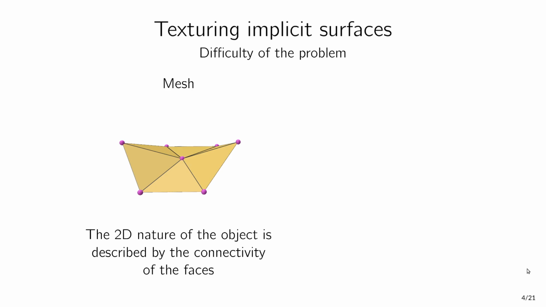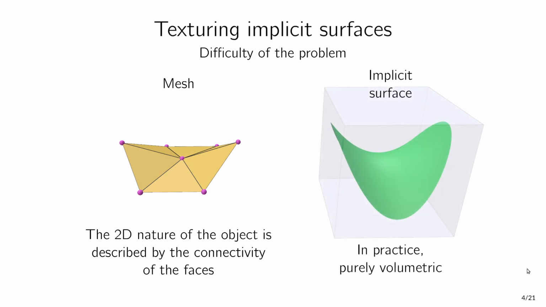And this 2D nature is described by its connectivity, the connectivity between the faces, etc. On the other hand, implicit surfaces, even though theoretically they may represent surfaces, in practice you can only access them through a volumetric query, which is like the main contradiction of the problem, and makes it really hard.